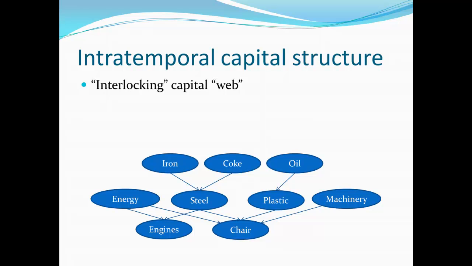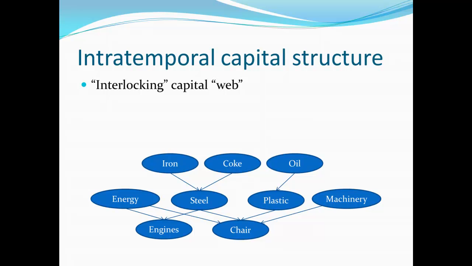So we have all of these different products that are interconnected, and as we draw lines up and down, we'd end up with a capital web, with all these different products being interconnected with each other, where some things are used to produce other things, and some things can be used to produce more than one thing. Everything that is produced, more or less, needs to have multiple things that go into that product in order to be able to produce it.